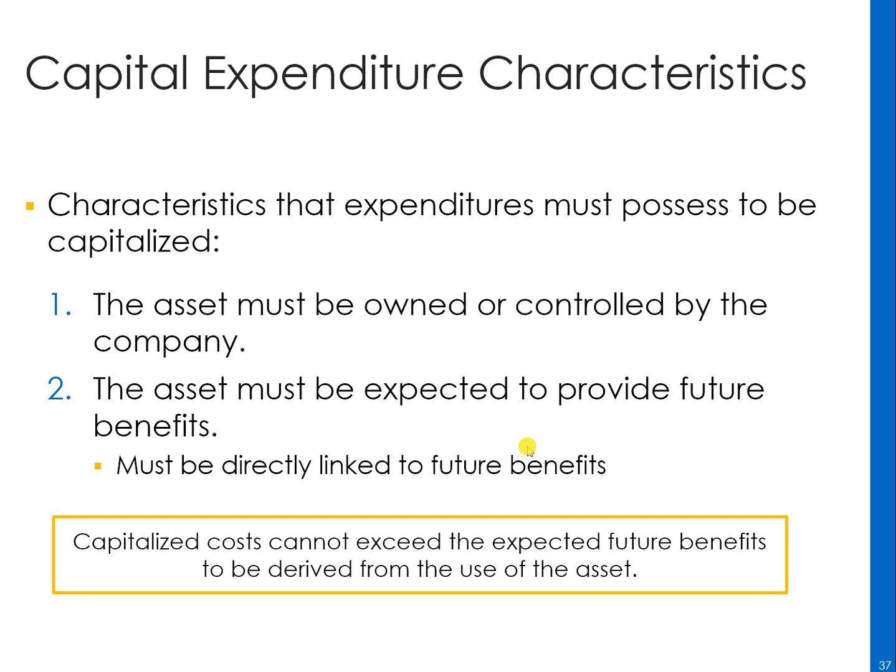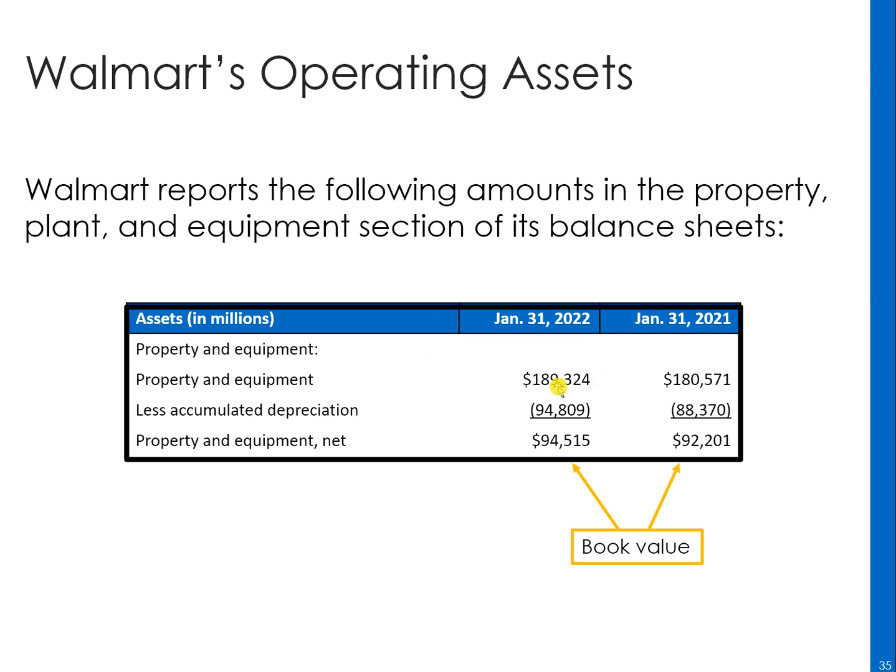So ordinary maintenance or repairs cannot be capitalized. In other words, they do not add to the cost of those assets. This is how we get these two lines, the historical cost of those PP assets.